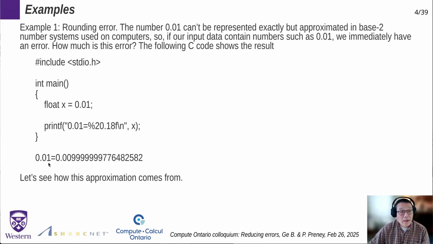And this is what we got. 0.01 is actually stored in the machine as this number with a whole bunch of digits after the decimal point. Let's see what the approximation is and where it comes from.